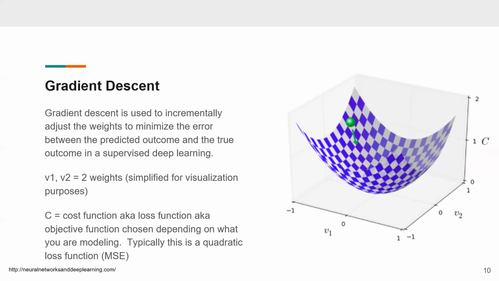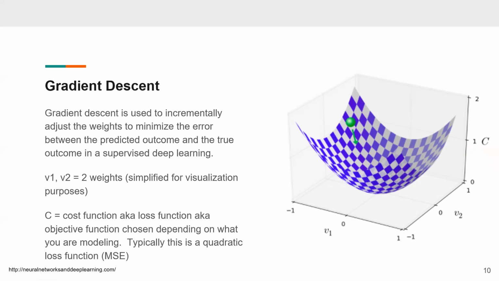Essentially, we're trying to figure out the direction we should move for that delta W, the best way to find the weight change. Gradient descent is used to incrementally adjust the weights to minimize the error between the predicted outcome and the true outcome in a supervised deep learning framework.